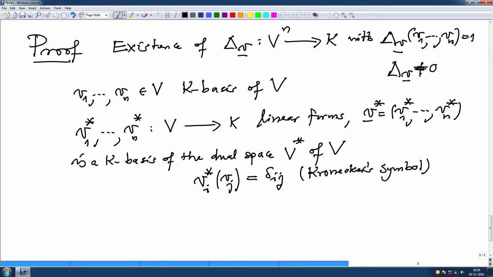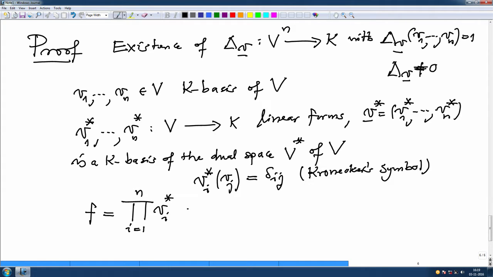That means Vi star evaluated at Vi is 1 and evaluated at any other basis element is 0. And last time I also told you a recipe: if you are given so many linear maps, then we can construct a multilinear map, that is a product map. So the product map F equal to the product over i from 1 to n of Vi star.